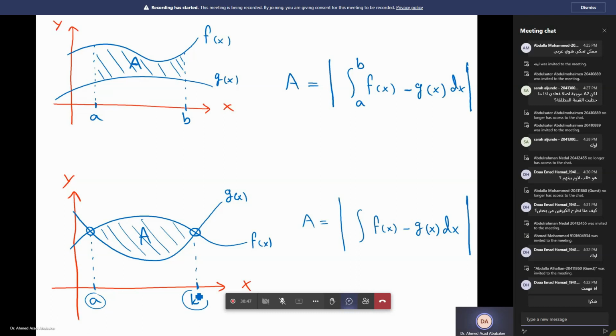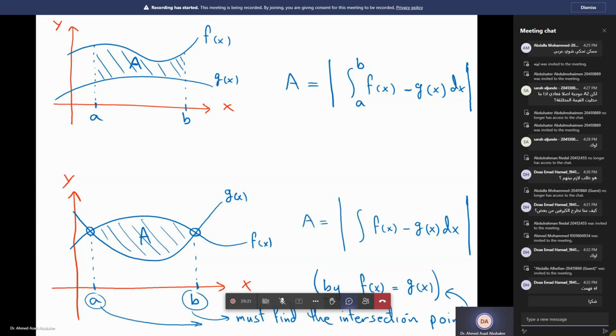So A and B, we must find the intersection point. لازم نوجد intersection point by F of X equal G of X. How can we find the intersection point between f and g? Using f equal g.